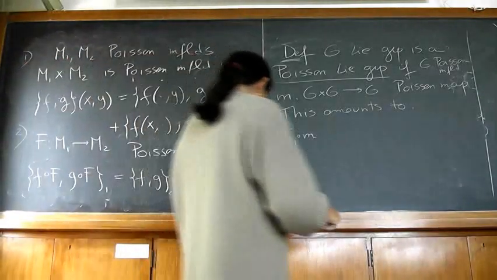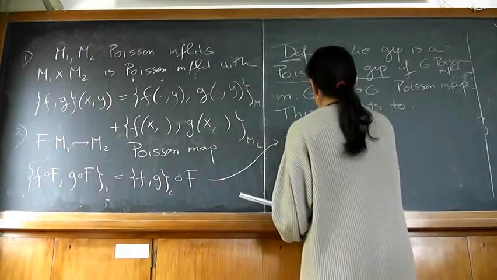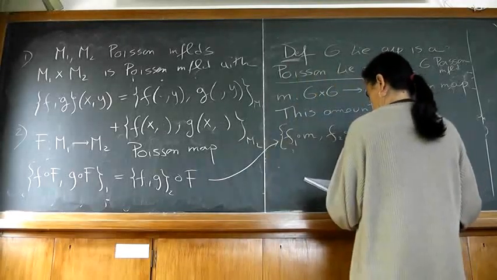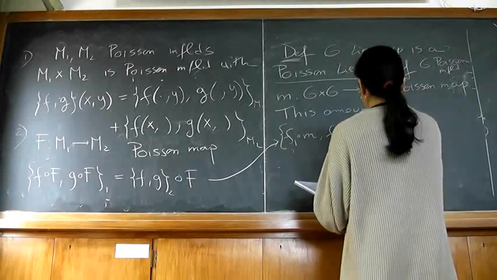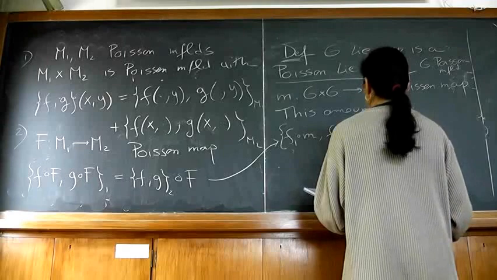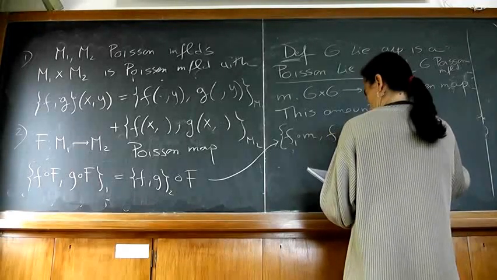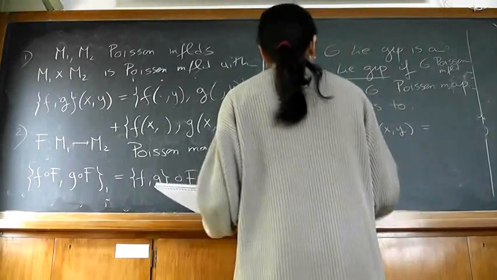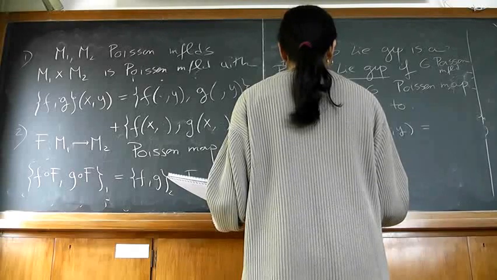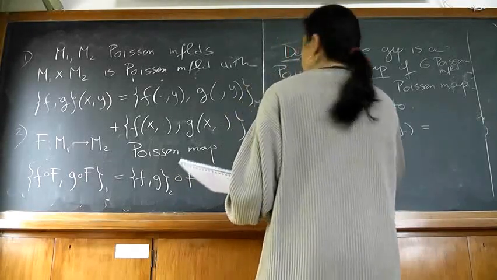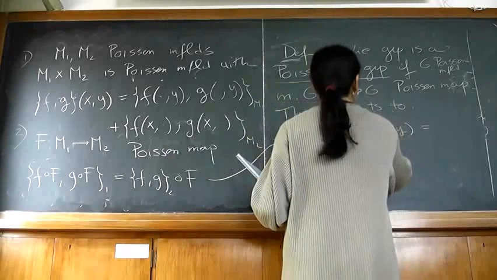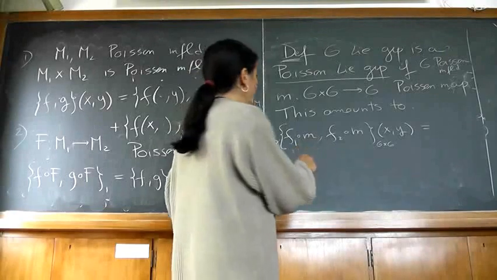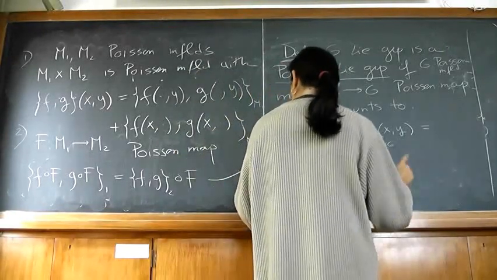So this has to be equal to the Poisson bracket in G times G, and this, of course, doesn't do anything like this.